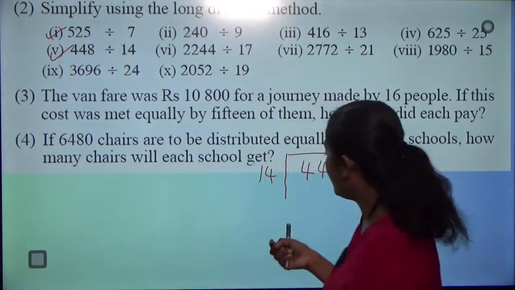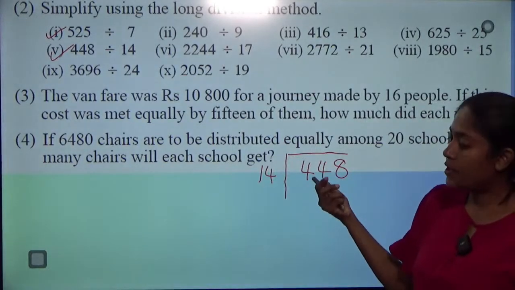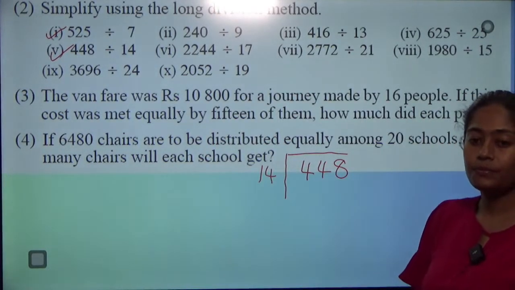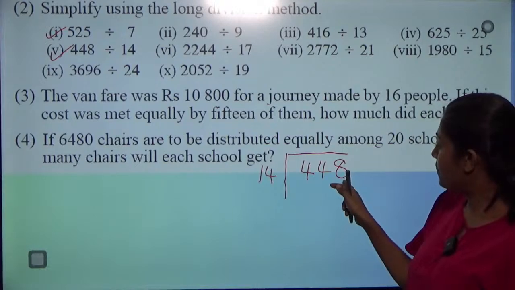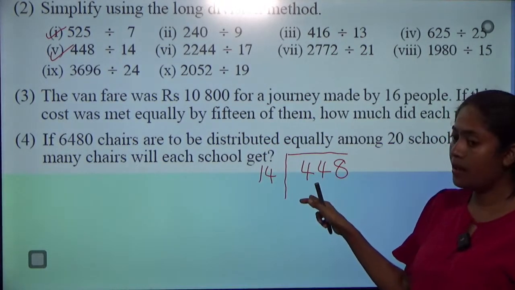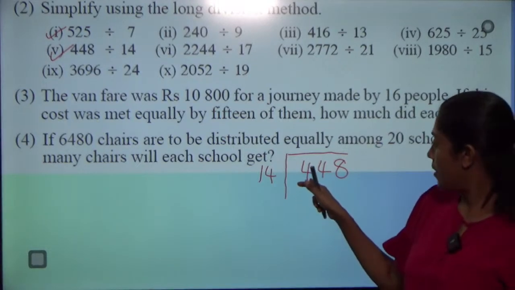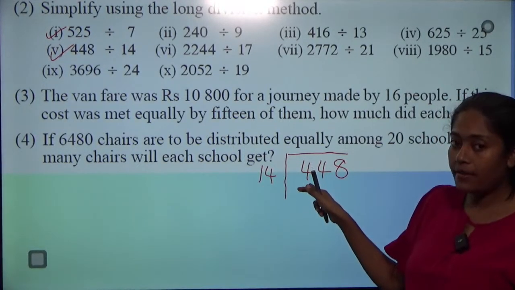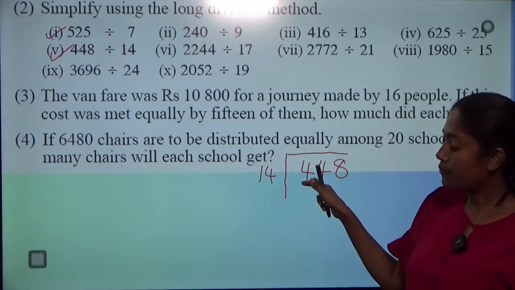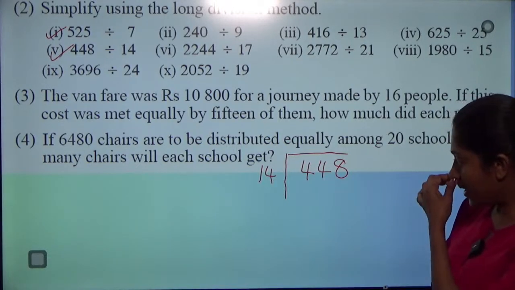First we have to check the place values. Here we have the unit place, then the tens place, then the hundreds place. In the hundreds place there is 4.